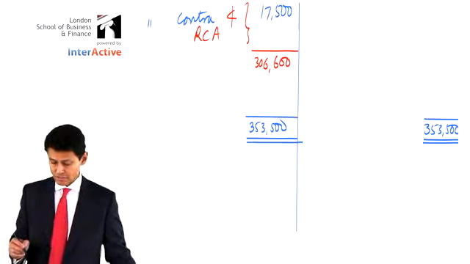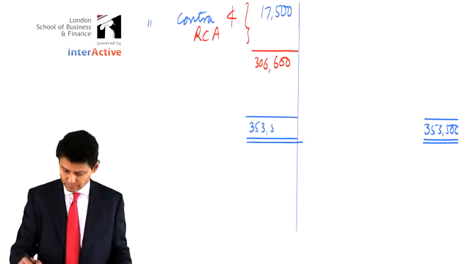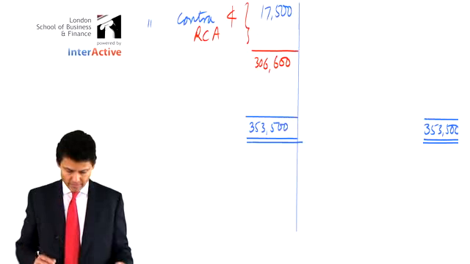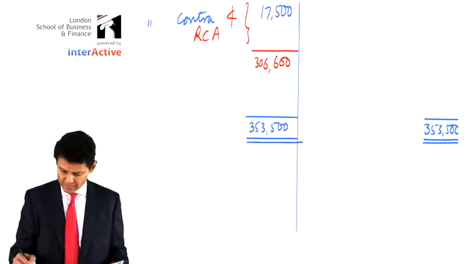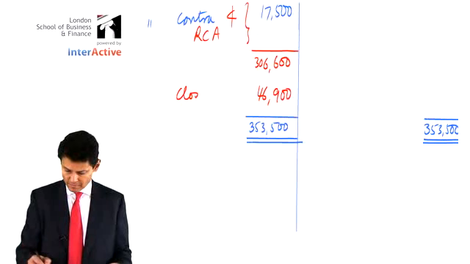If you compare that to what you had on the credit side, the difference is some 46,900. That, of course, is the closing balance.